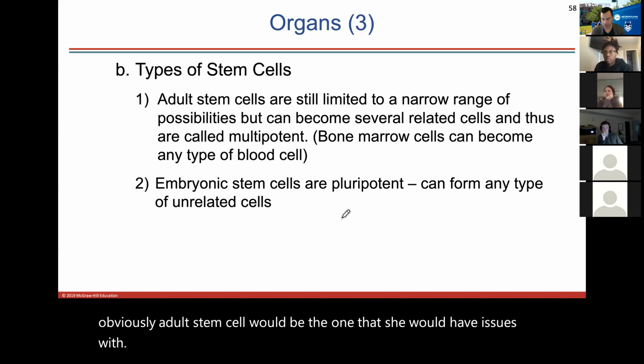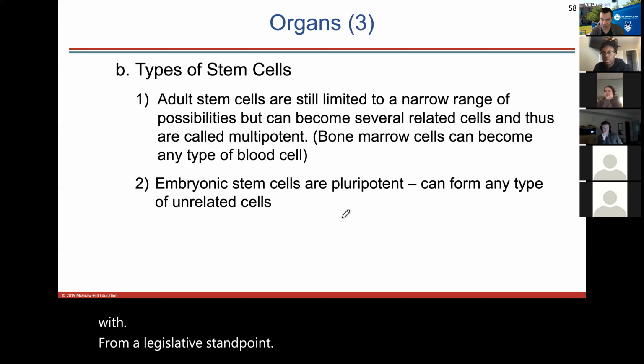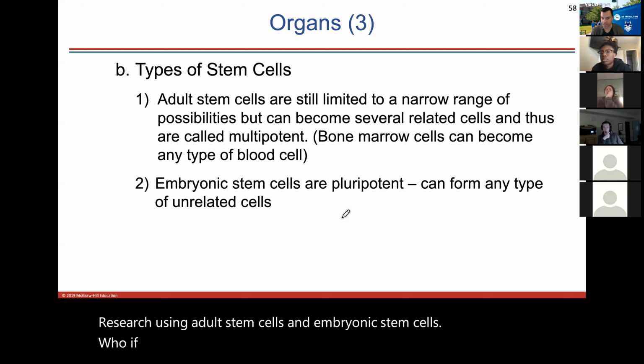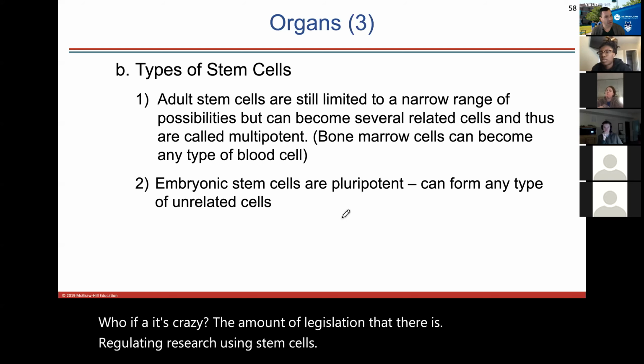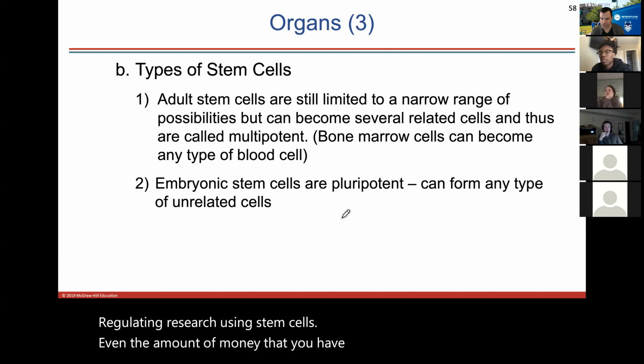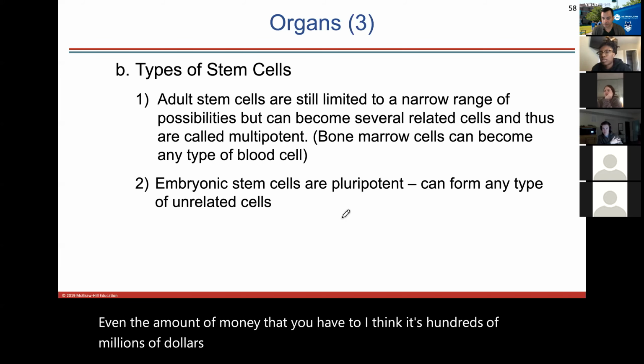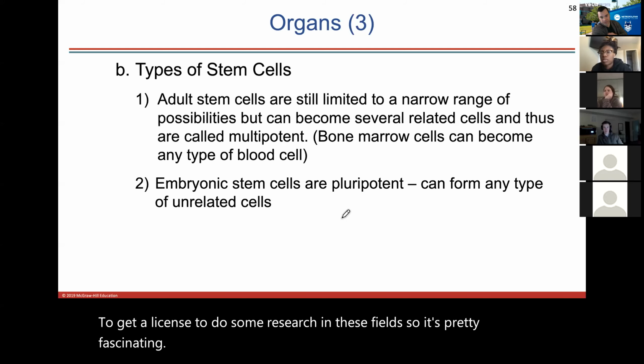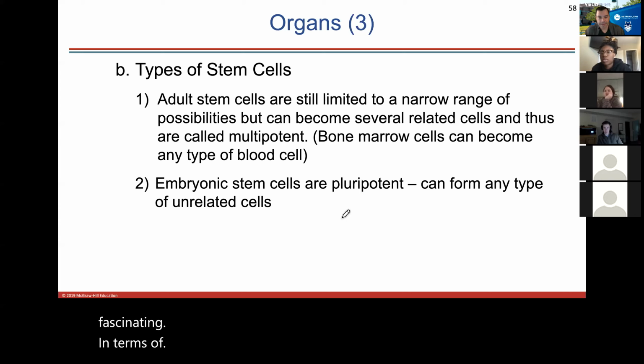From a legislative standpoint, research using adult stem cells and embryonic stem cells, oy vey, it's crazy the amount of legislation regulating research using stem cells. Even the amount of money, I think it's hundreds of millions of dollars to apply to get a license to do some research in these fields. So it's pretty fascinating in terms of what these things can actually do, and really ultimately the slippery slope.